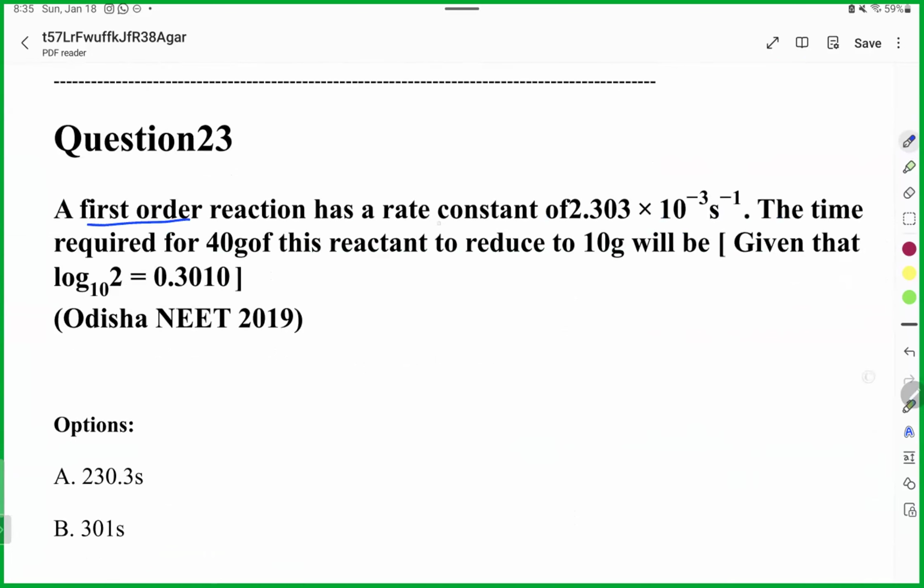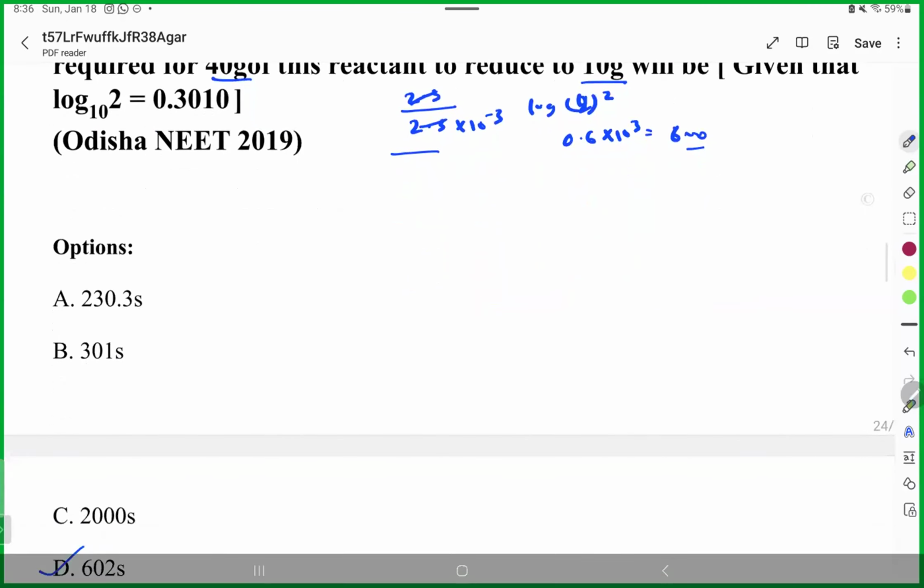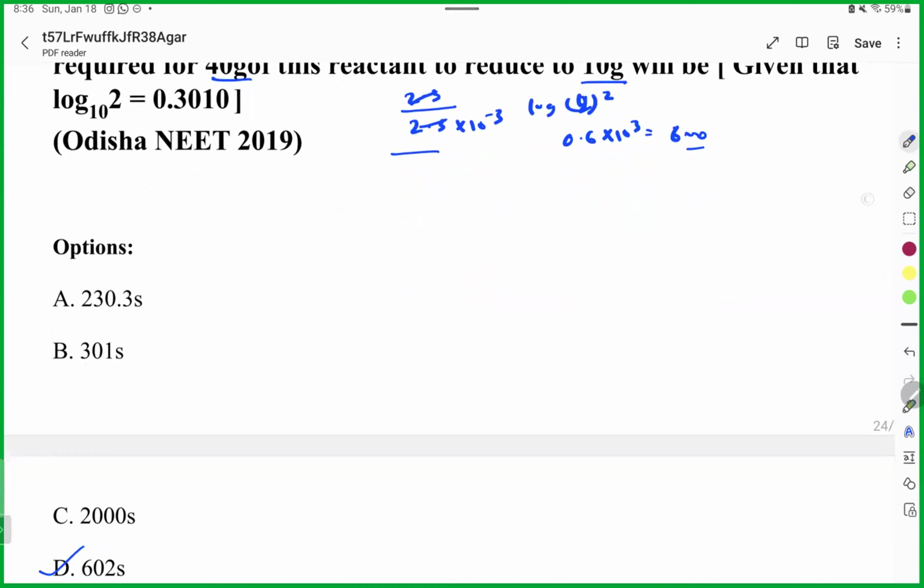Pratigya, first order reaction. This is the rate constant. Time required for 40 gram to reduce to 10 gram. Any doubt, Pratigya?